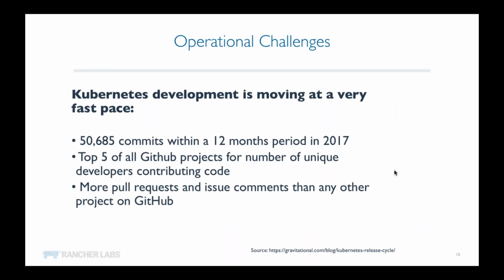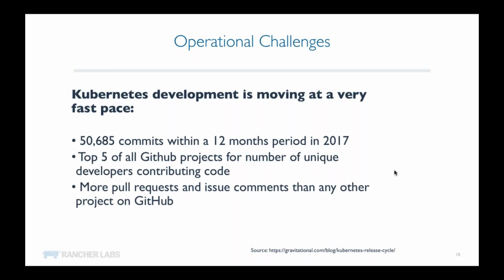Another challenge with Kubernetes from an operational standpoint is that the development is moving at a very fast pace, which is of course great on the one hand, because you get all these cool new features. But on the other hand, it means you're going to iterate a lot over qualifying and rolling out new versions.